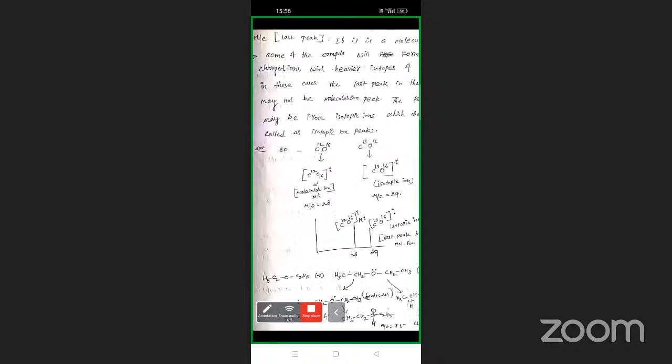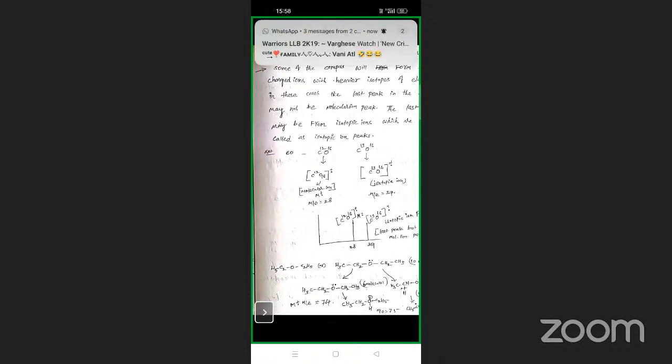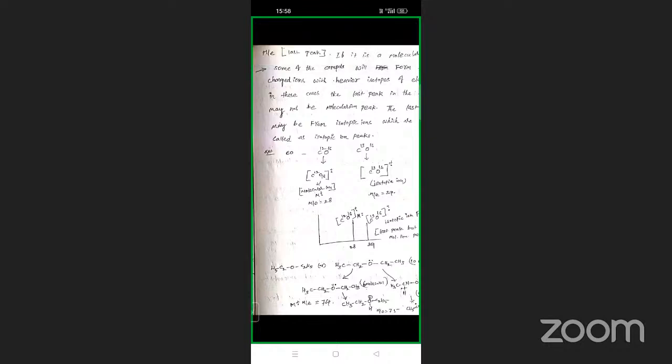So when you are choosing the molecular ion, see whether the compound has any isotopes, or whether the compound is in pure or impure form. These are the things you have to check.